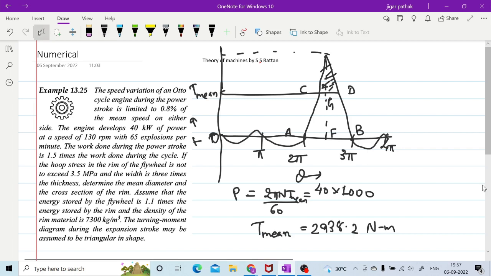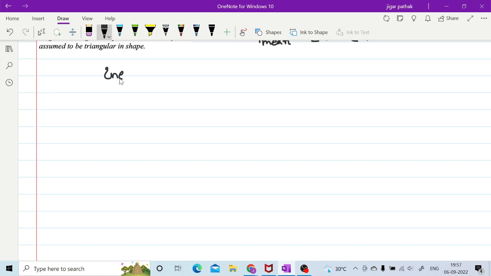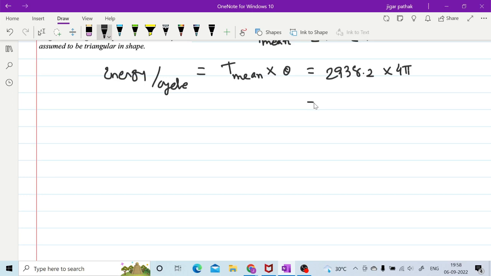Okay. Now if you have this T mean, energy per cycle can be calculated as this T mean into theta of the cycle. What is cycle theta? That is 4 pi angle, right? So 2938.2 into 4 pi will be the energy per cycle.